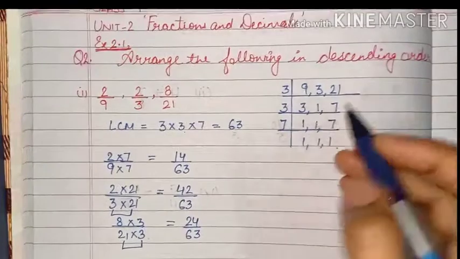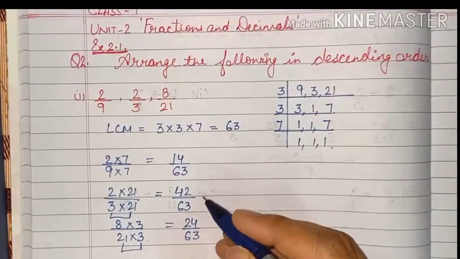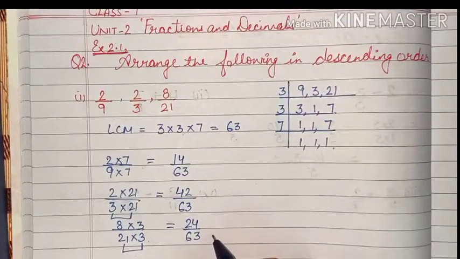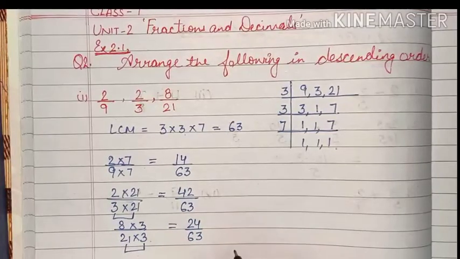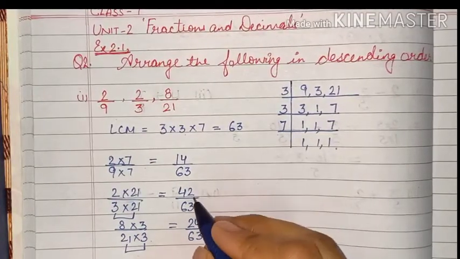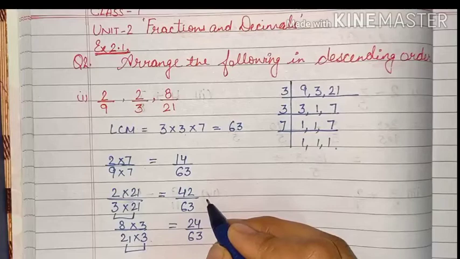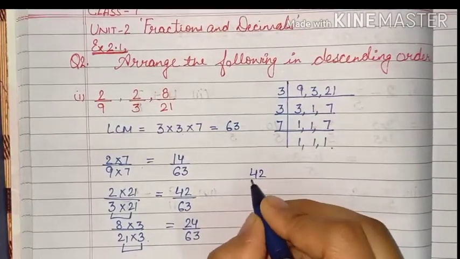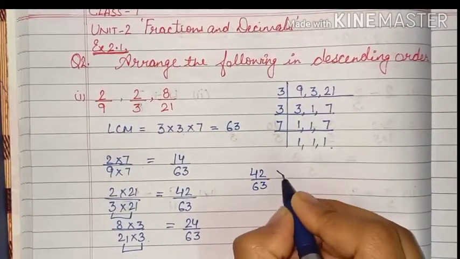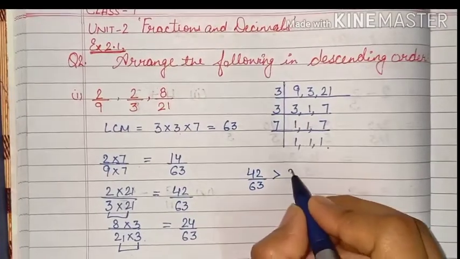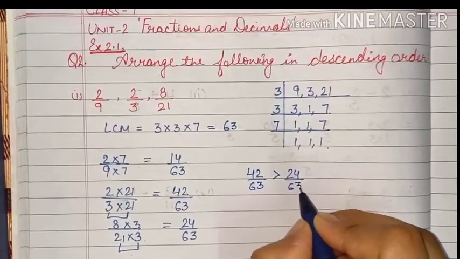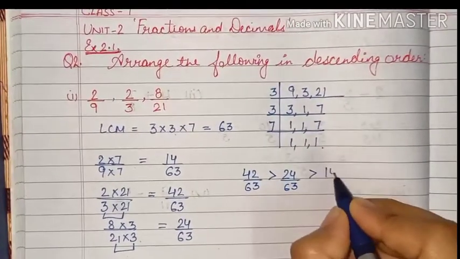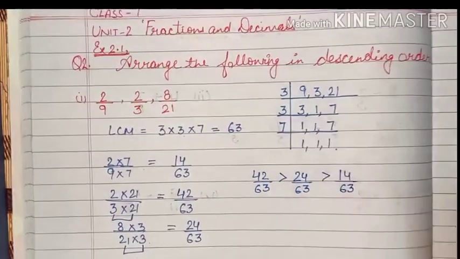Now for descending order we will check which fraction has the greatest numerator, because the denominator is the same for all. So the greatest numerator here is 42 upon 63. So it means 42 upon 63 is greater. Next is 24 upon 63, and it is greater than 14 upon 63.